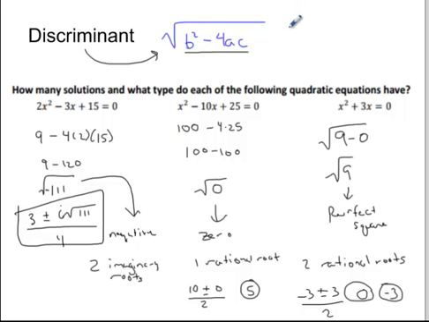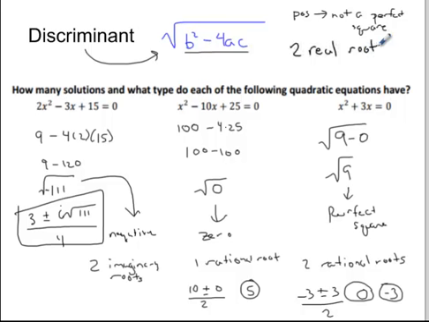If the discriminant is positive and also not a perfect square, I get 2 roots, but they're not rational. They're not fractions or whole numbers. They're real. 2 real roots.